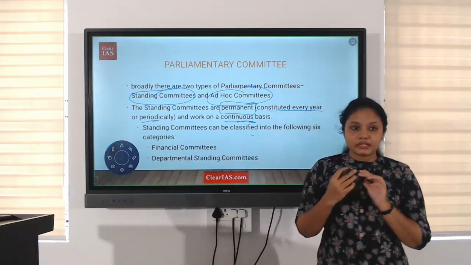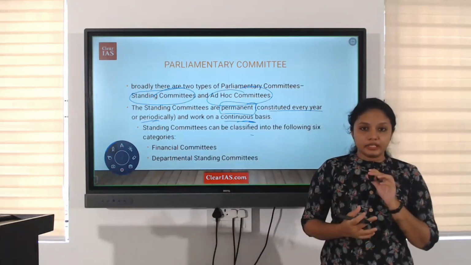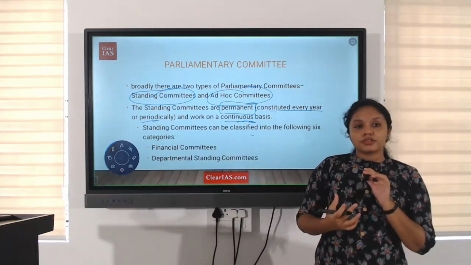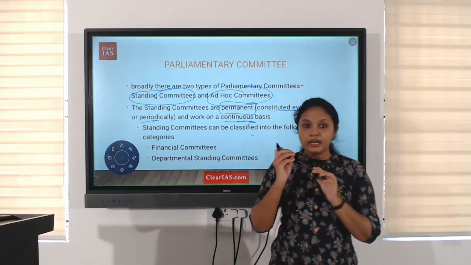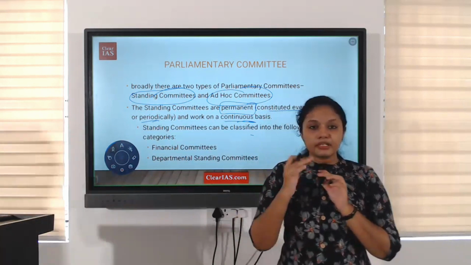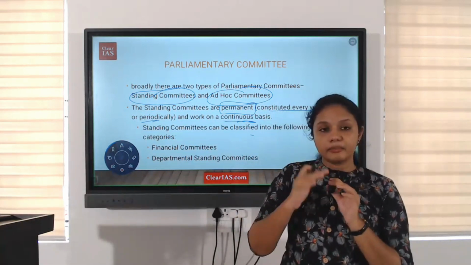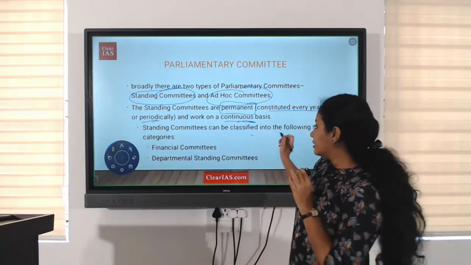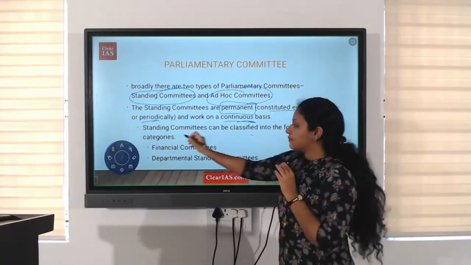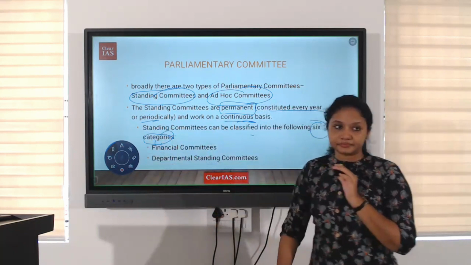Standing committees are permanent committees, and they are constituted every year, which means their composition changes. The MPs change, but the committee works throughout on a continuous basis. There are 6 categories of standing committees.